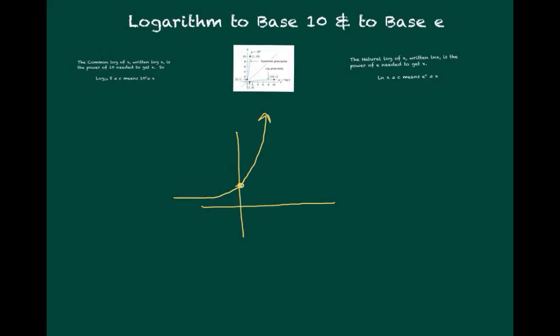The place they cross is at 0, often 0, 1, but 0, p naught if we want to borrow some of the terms we learned. Let's say that this equals y equals p naught times a to the t.